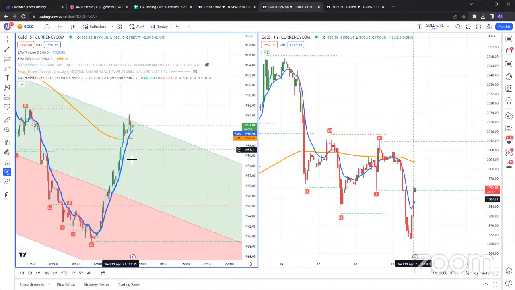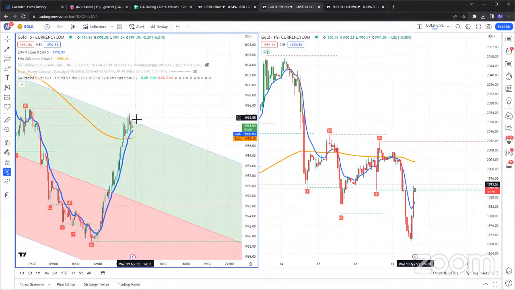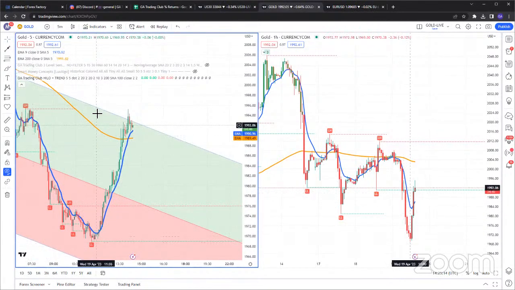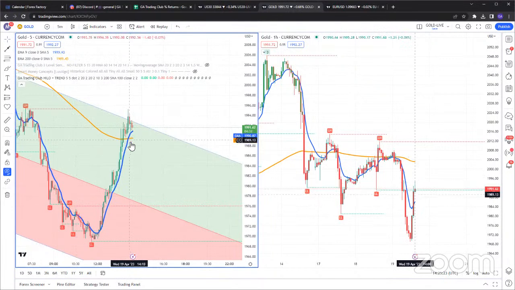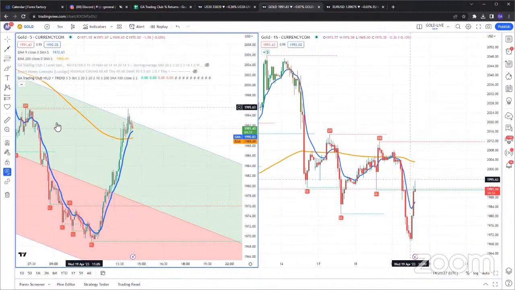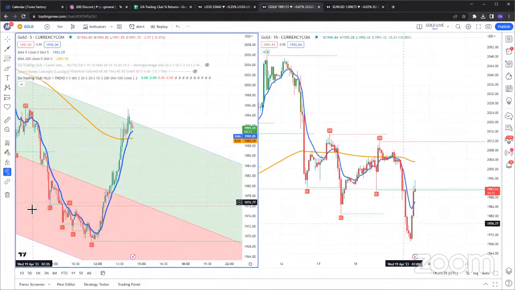So ideally, for a better confluence on either bullish or bearish, if you're in a bullish channel, you also want both of these channels to be trending to the upside, right? Because this gives you kind of mixed signals. So yes, we're in a bullish zone. We do have the golden cross. That's a good enough confluence, but a better confluence would be if this green and red zones were trending to the upside.